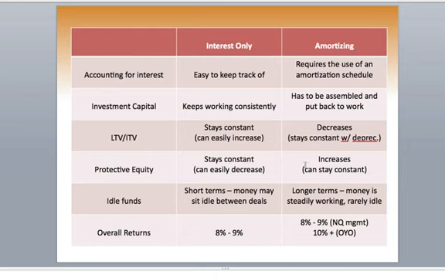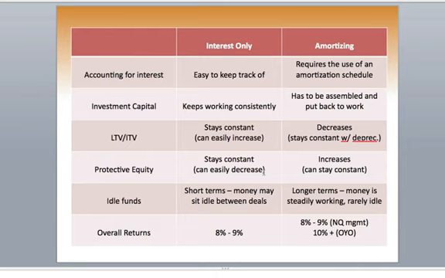With amortizing loans, your protective equity increases month to month because you're getting some of your principal back. So the loan balance is smaller and smaller with every month. At the worst, even if prices soften up a bit in real estate, because you have an amortizing loan, your protective equity keeps pace. So at least you're going to have the same protective equity that you started with, but usually it increases over time.